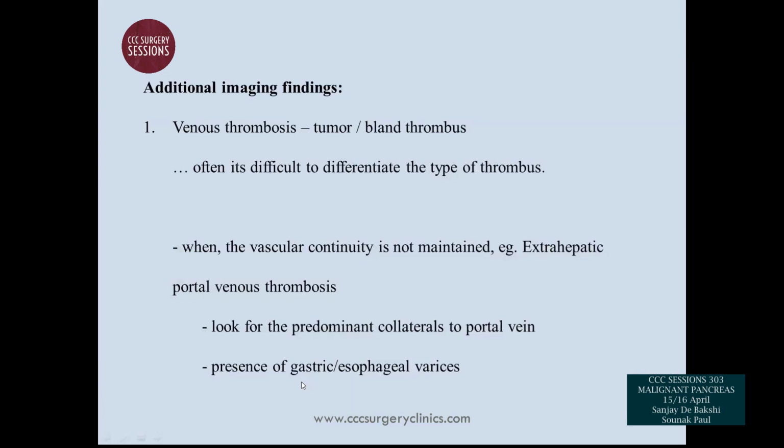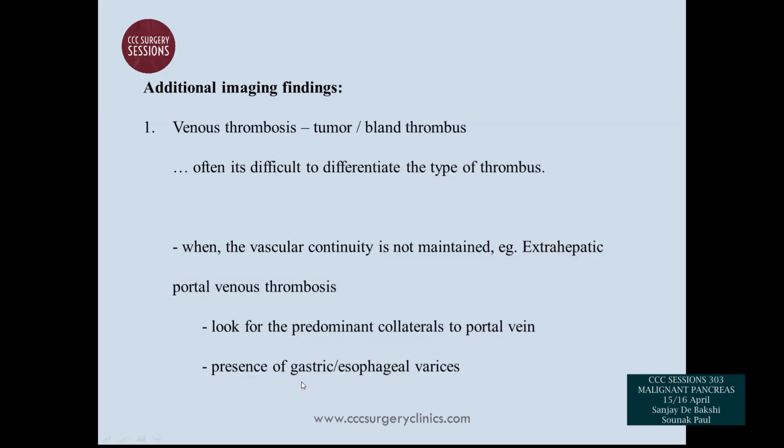A few additional features we might look out for in the preoperative imaging is venous thrombosis, and if there is a thrombus, whether the thrombus is a bland or a tumor thrombus. Often it is difficult to differentiate. Tumor thrombus has enhancement similar to that of the parent tumor, but occasionally due to artifacts which are very common on CT, the differentiation becomes difficult.